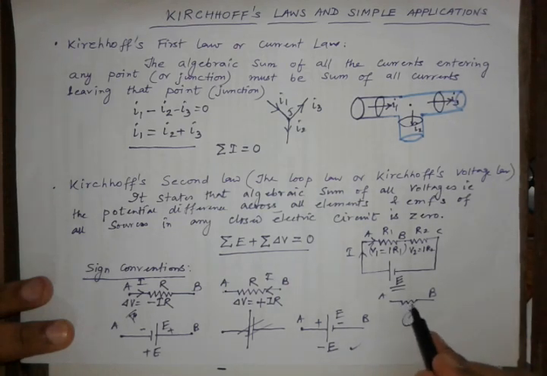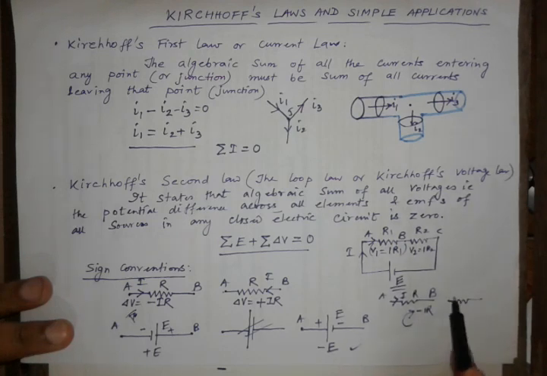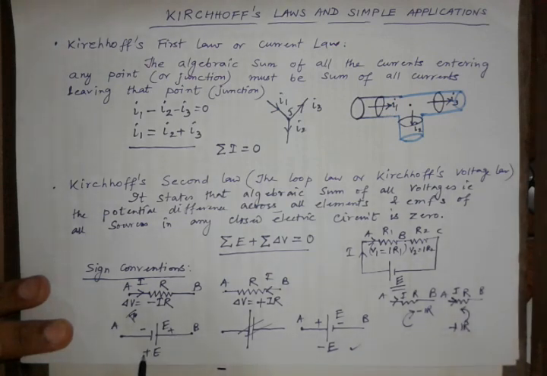If your loop is in this direction and current I is passing in this way, it will be minus IR. If the current is coming in this way and your loop is in the opposite direction, then it will be plus IR. But in the case of a cell, if you're going from minus to plus, there will be plus, and if you're going from plus to minus of the cell, there will be minus. Okay. So that is the thing.